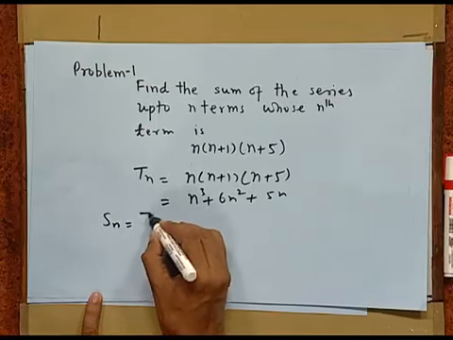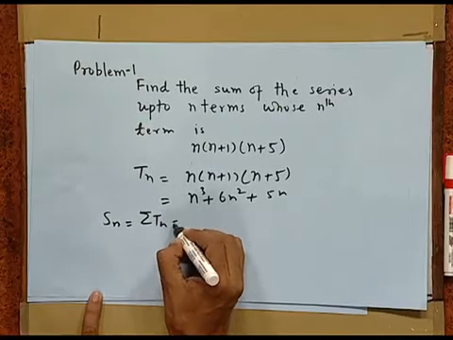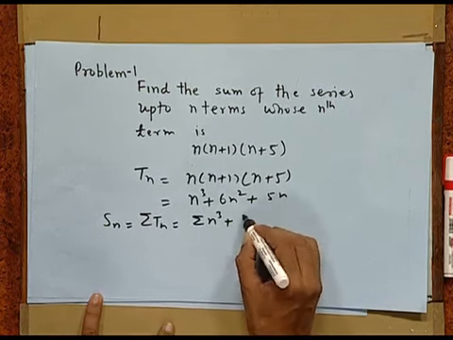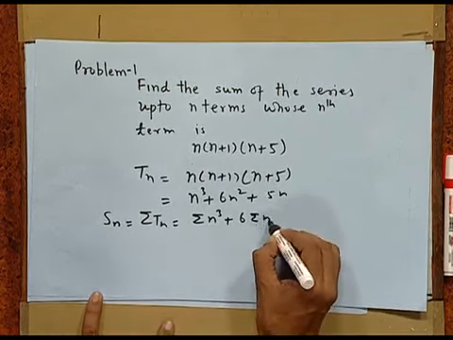We have to find Sn. Sn is sigma Tn, that is sigma n cube plus 6 sigma n square plus 5 sigma n.